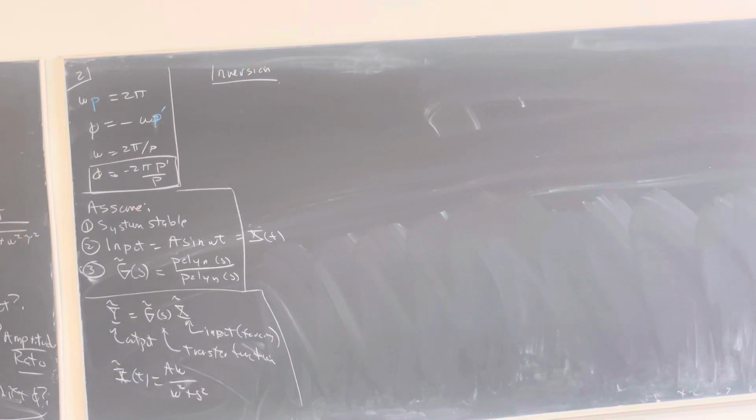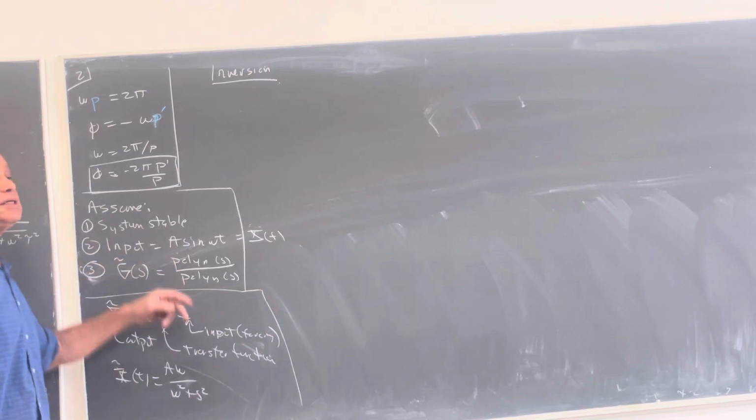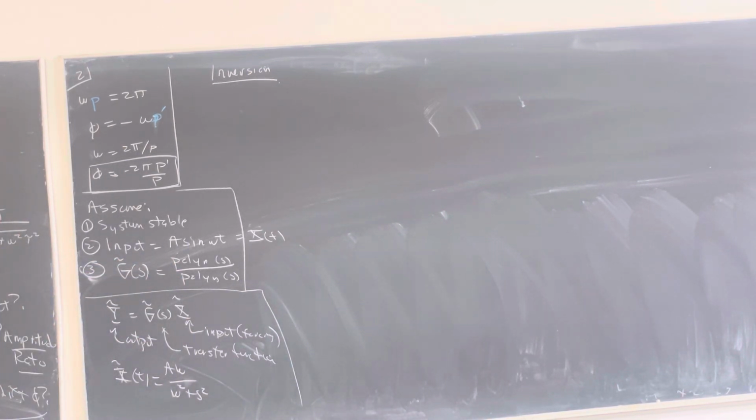If we want to do the inversion, we have g tilde times x tilde. And remember, when we did these problems beforehand, we said we have an n tilde over d tilde. Here, the assumption is that n tilde and d tilde are both polynomials. What we do is we look at the poles of this, that is, we look at the zeros of the denominator. And then we break it up and handle one pole at a time.